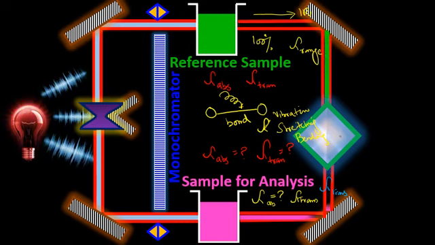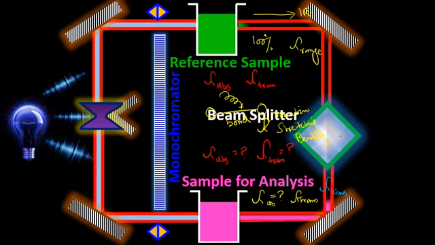Student, please keep in mind that the beam splitter is an optical device, and it splits the infrared radiation which comes from the reference sample and from the sample under analysis into two separate beams.